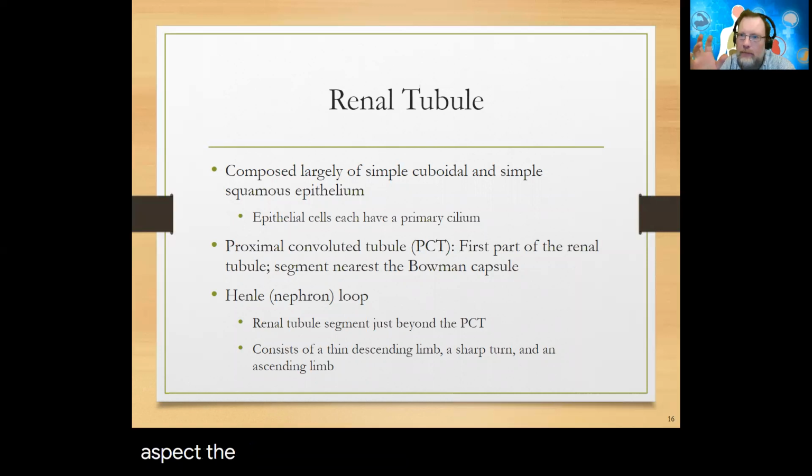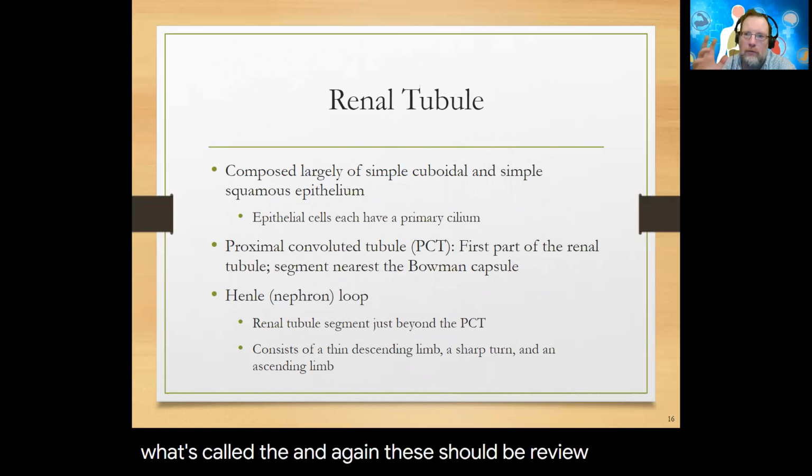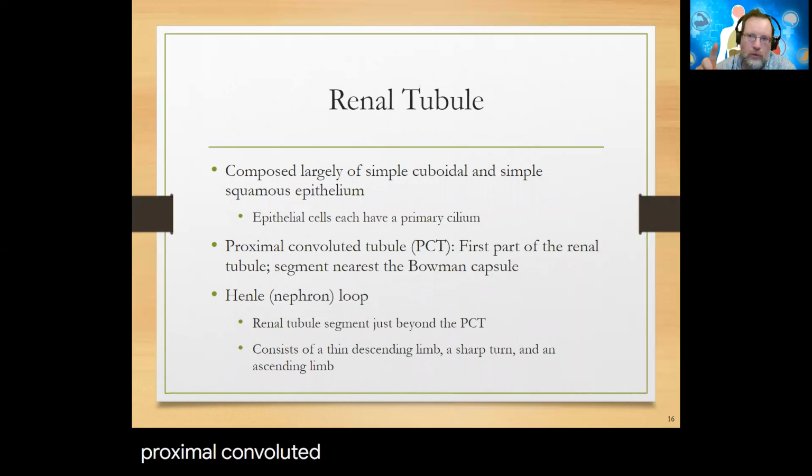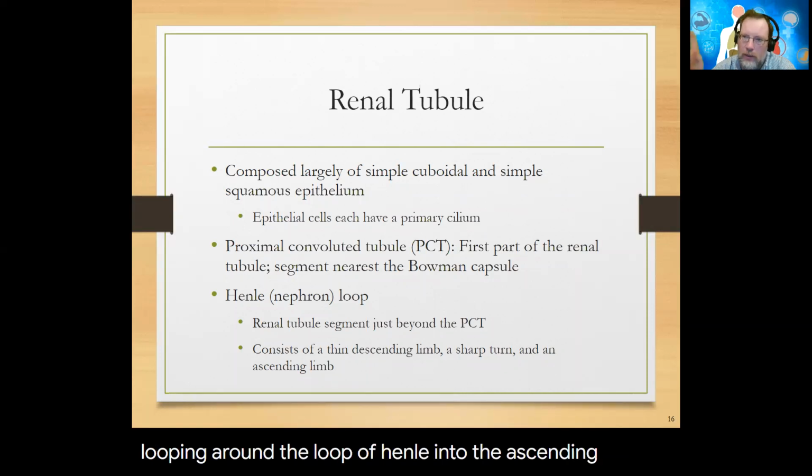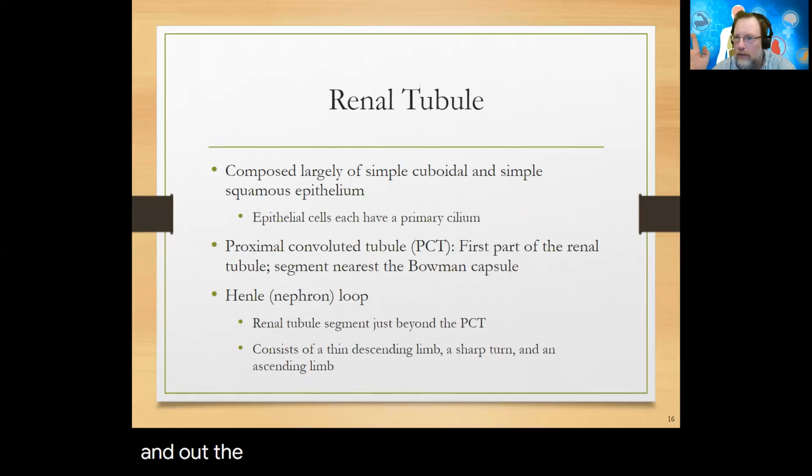The second aspect, where the rest of the action occurs, is called the tubular aspect. So we're going to see, and again, these should be review for you, the proximal convoluted tubule, the descending loop, looping around the loop of Henle into the ascending loop and out to the distal convoluted tubule into the collecting duct.